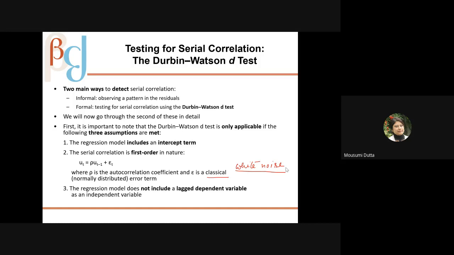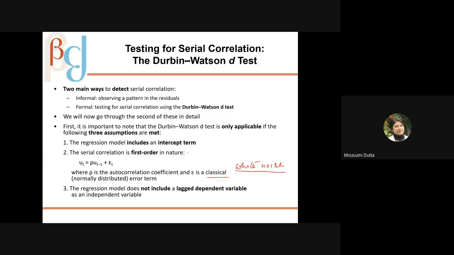Number 3, the regression model does not include a lagged dependent variable as an independent variable. So what does it mean?